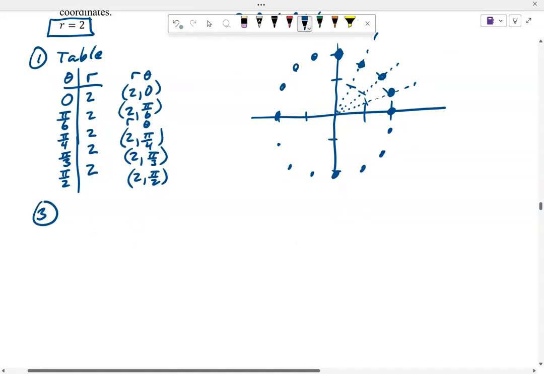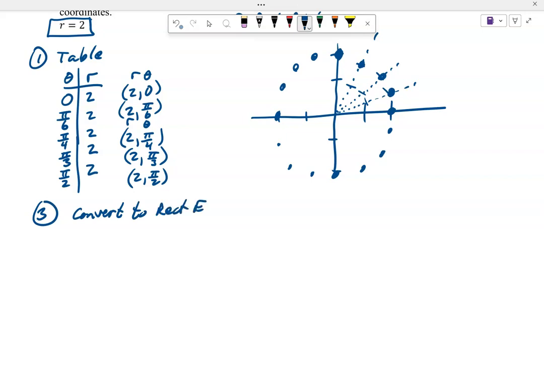How about we convert to a rectangular equation. We know r is 2, and I know r squared is x squared plus y squared. So I'm going to square both sides here. Square and square.